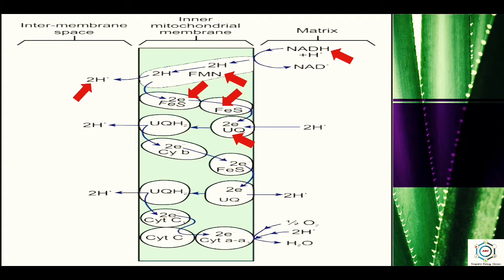The ubiquinone takes 2 electrons from FES protein and 2 protons from the matrix to become ubiquinone H2, that means reduced ubiquinone. Now this reduced ubiquinone transfers its electron to cytochrome B and 2 hydrogen to the other side into the intermembrane space.